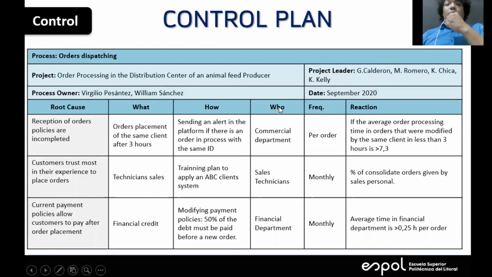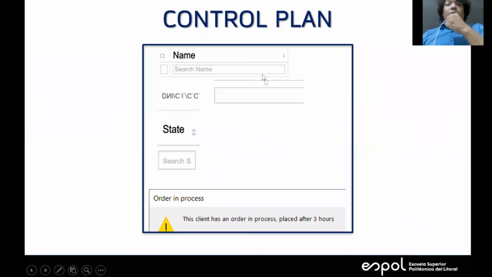In who, we have the person or the department that will control the measure. The frequency is how often. And in the reaction, we have when I am going to act to control or analyze the measure. Then we have the control chart plan.